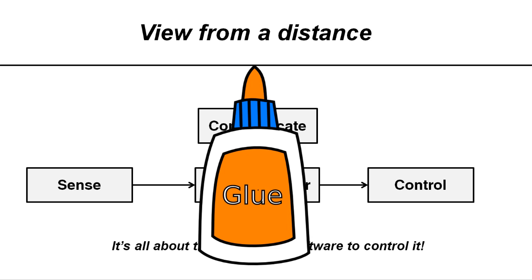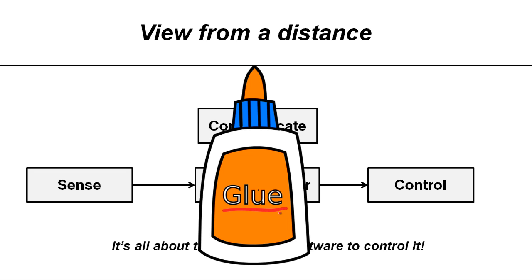Another way to think of a microcontroller is it's like a big bottle of glue. Oftentimes, you have the pieces around the ends, meaning you have a sensor picked out, maybe you want to control a motor, you want to talk to it with a cell phone, but you need something to piece it all together, and that's where the microcontroller comes in.